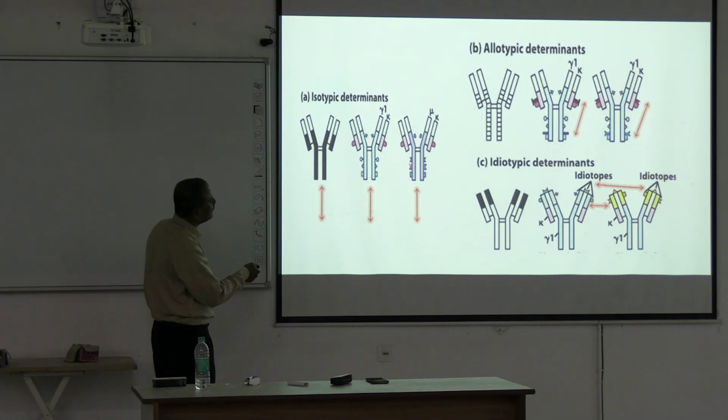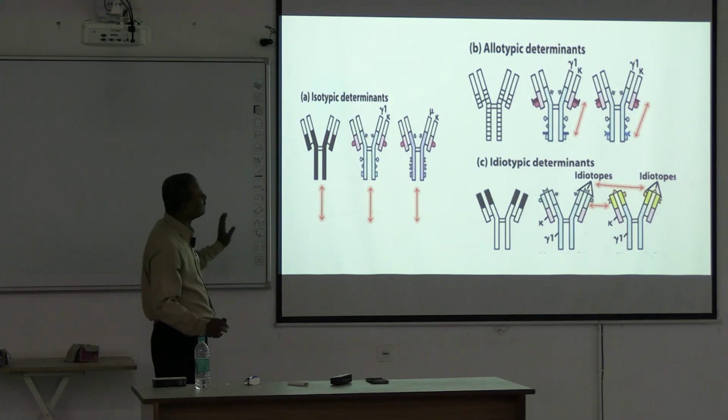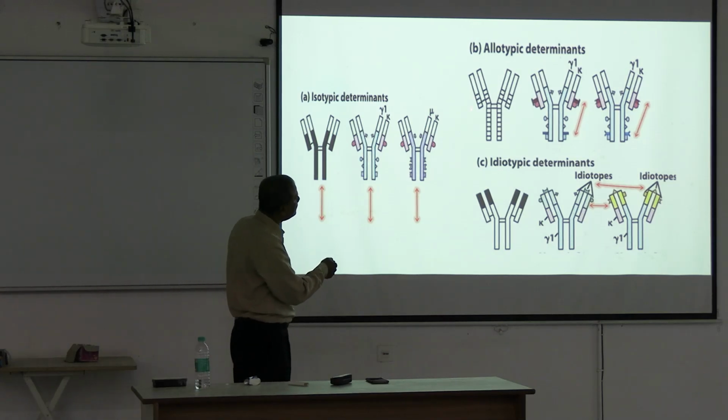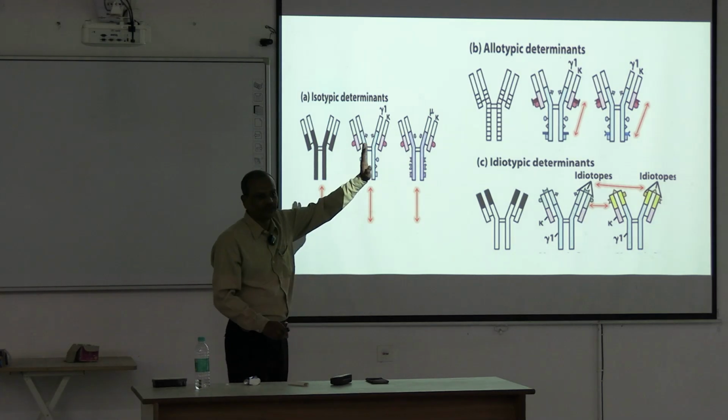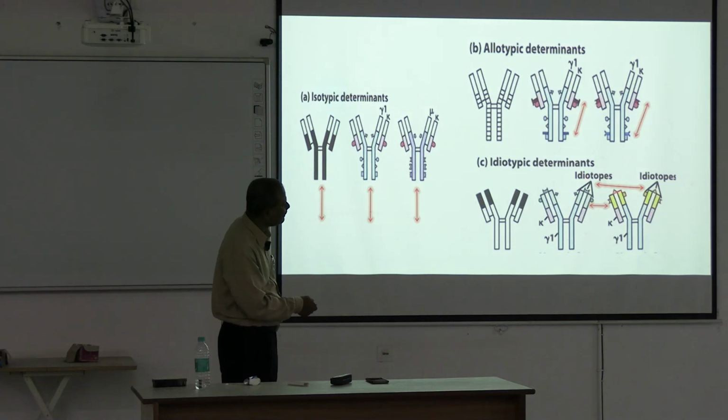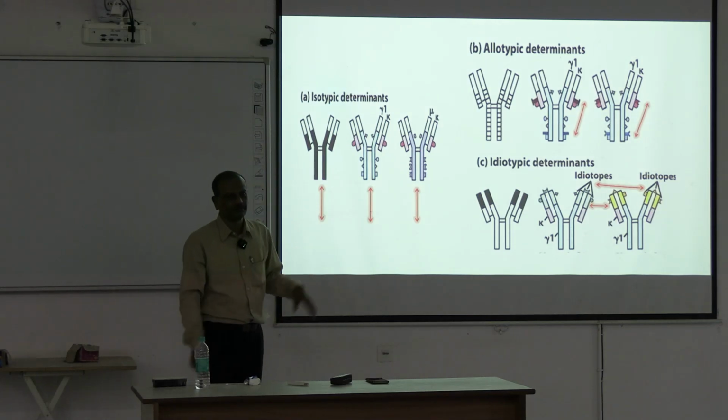So the heavy chain difference, the chain is altogether different. That is what isotype is. Allotype, there is a difference in the heavy chain, but not in the variable region. In the constant region there is a variation. That is allotype. And idiotype is on the variable region, not on the constant region.